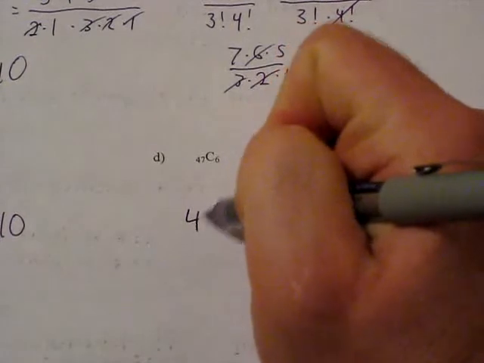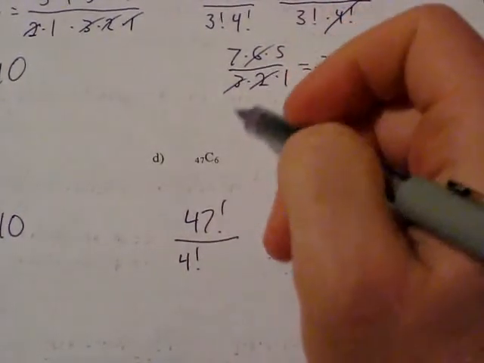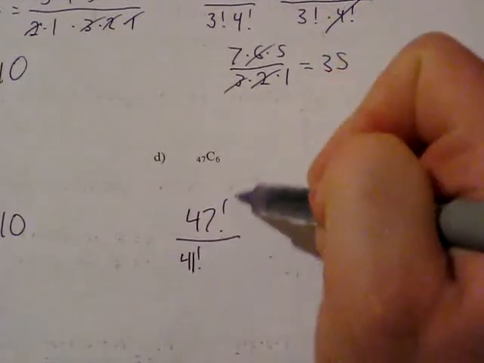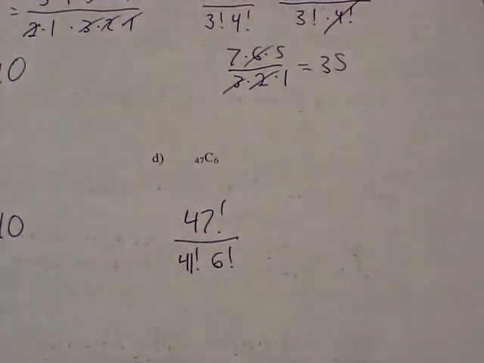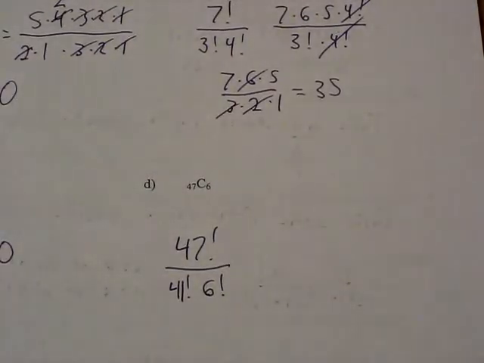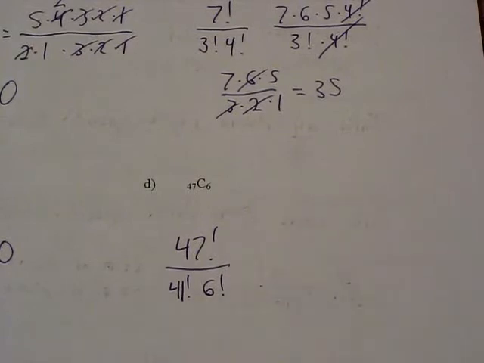So here's how you do this. 47 factorial divided by 41 factorial, because 47 minus 6 is 41, and then 6 factorial for that last part of the formula from up here. Okay, 47 factorial divided by 41 factorial times 6 factorial. You might think that this would be a really long problem.